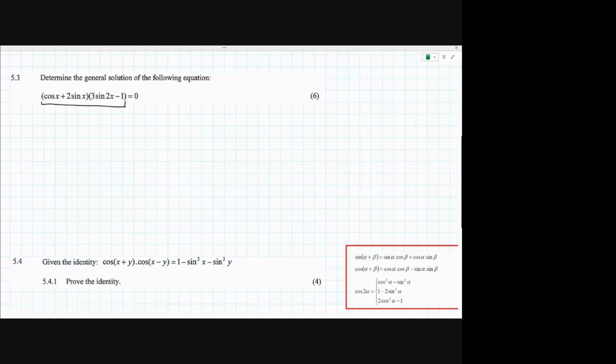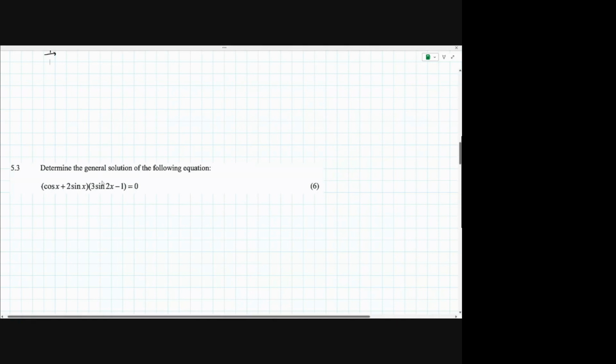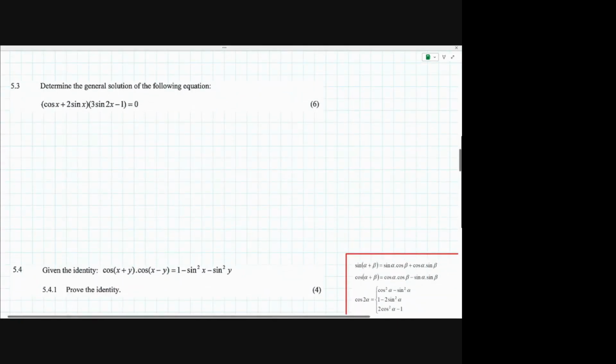It is exactly what you want, because now we know all we do, as with a quadratic equation, is take each of these factors and make it equal to 0. So cos x + 2 sin x = 0, or 3 sin 2x − 1 = 0.